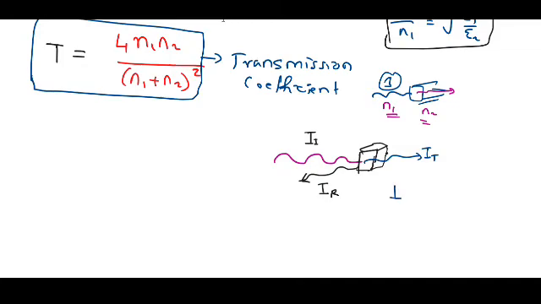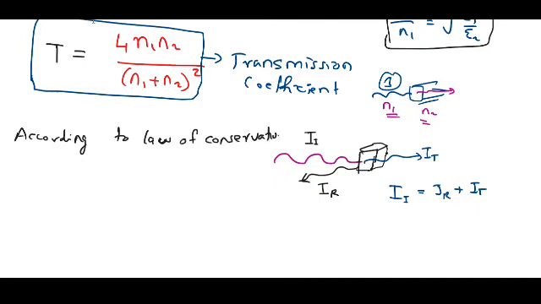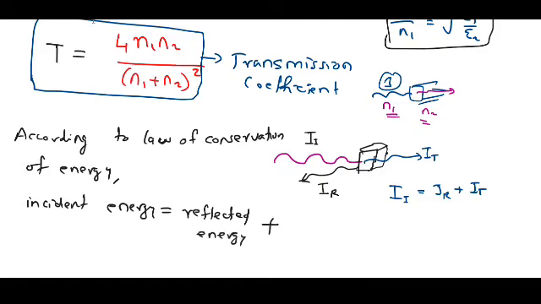Or I can write I is equal to IR plus IT. Let me write here. According to the law of conservation of energy, the incident energy is equal to reflected energy plus transmitted energy. Energy is not lost, energy is conserved.